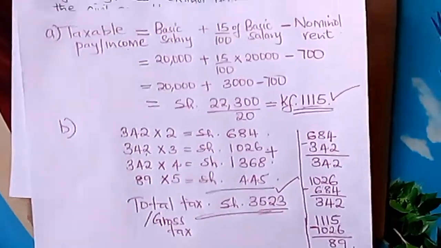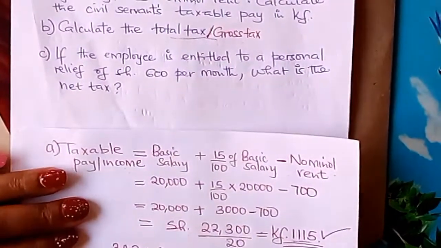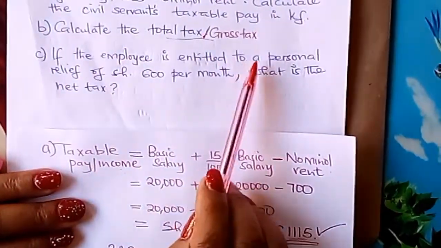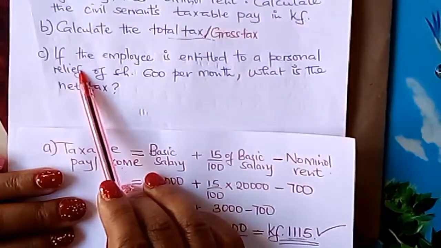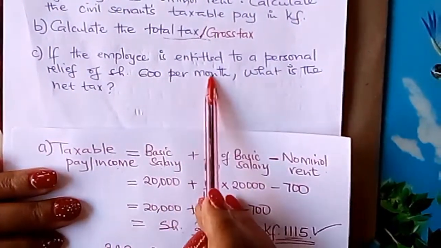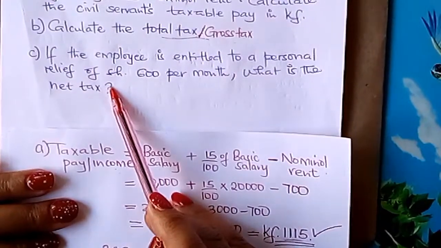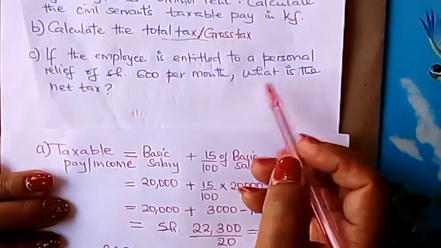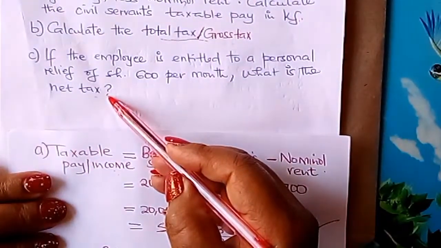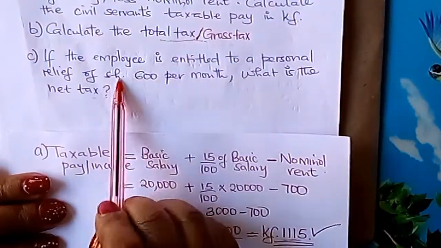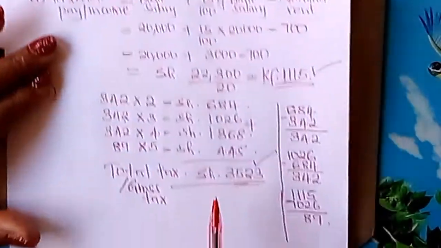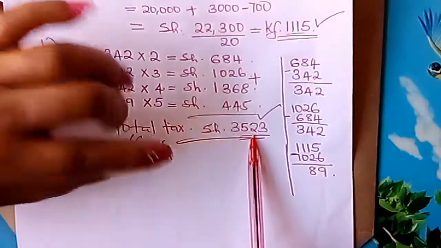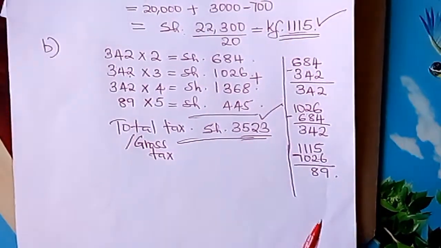Then, learner, finally we go to our final question here. If the employee is entitled to a personal relief of Kenya shillings 600 per month, what is the net tax, learner? A good question. All you need to know to get the net tax is that you take the gross tax and you minus the reliefs.